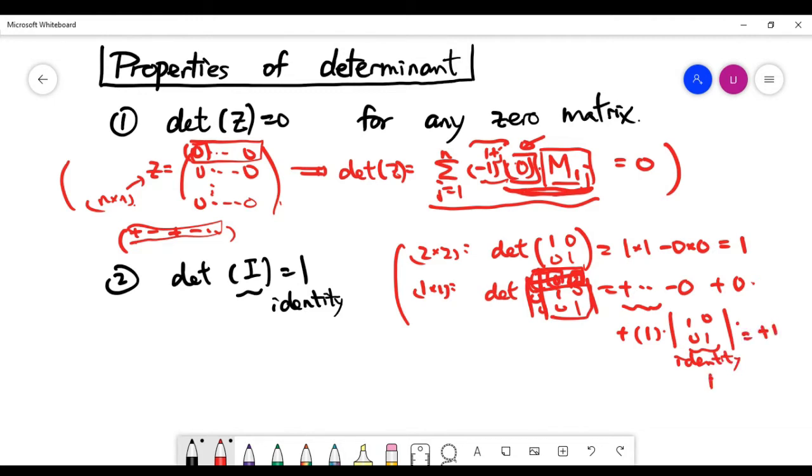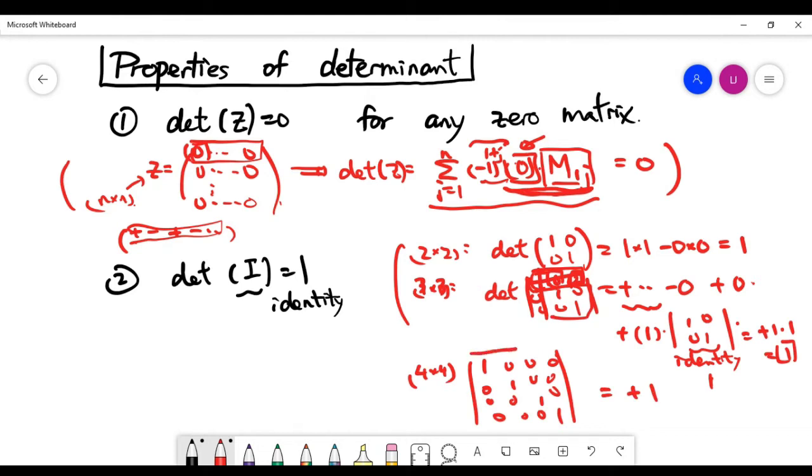So it means at the end, the determinant is going to be plus 1 times 1, which is of course 1. And as you can see what's happening, if you look at the 4 by 4 identity, I claim that the determinant must be 1. I hope you can see why, because you can do the expansion for the cofactors on the first row, and you could notice that when you write all the terms down, only the first term is non-zero, which means the first term is going to be 1 times the determinant of the minor of the first position.